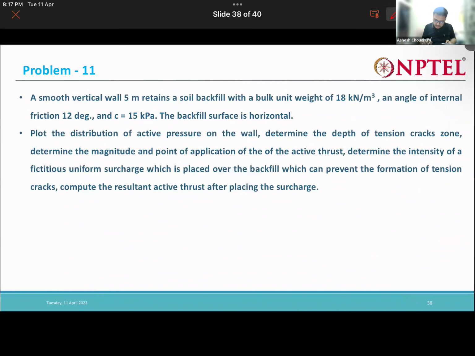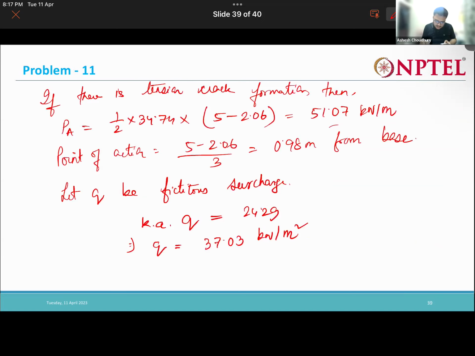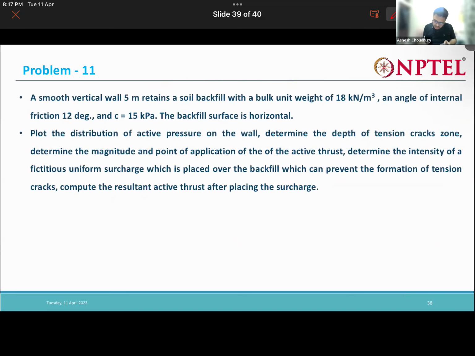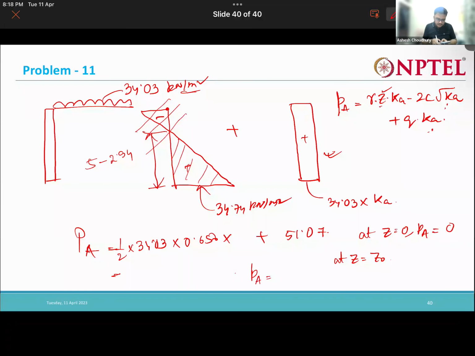So 18 into 2.06 into K, which is 0.656, minus 2 into C, what is this value? 24.29 minus 24.29 plus Q into K, 34.03 into K, what is K? 0.656.